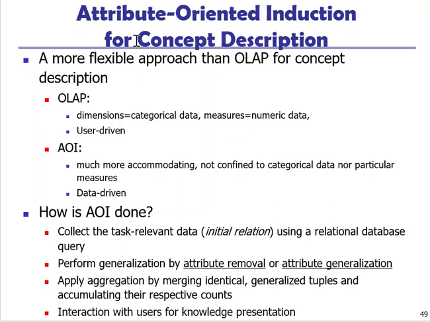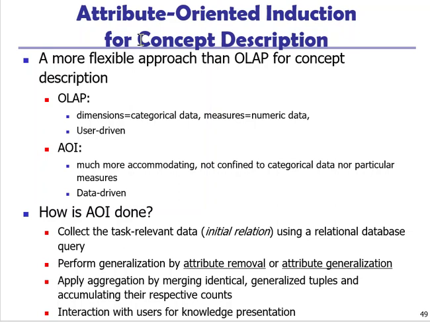I mentioned that this time we talked about concept description. I hope that you make a link to the types of mining tasks that we discussed in the first week of the class. There are two types of mining tasks. One is descriptive, another is predictive. Concept description is mining the characteristics about a concept or a class.